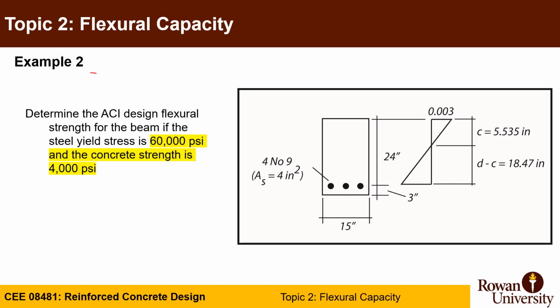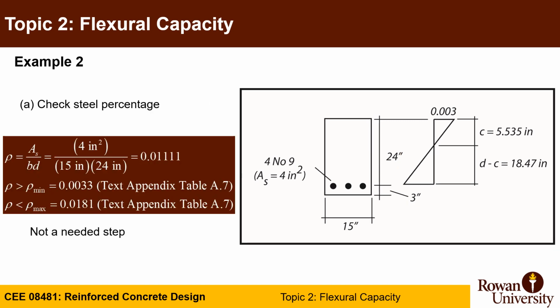So in this example number 2, let's determine the ACI design flexure strength, which is ultimate, not nominal. If yield is 60,000 psi and f'c is 4,000 psi, cross section is 15 inch wide, 24 inch structural depth d, and 3 inch cover, and area of steel is total 4 square inches.